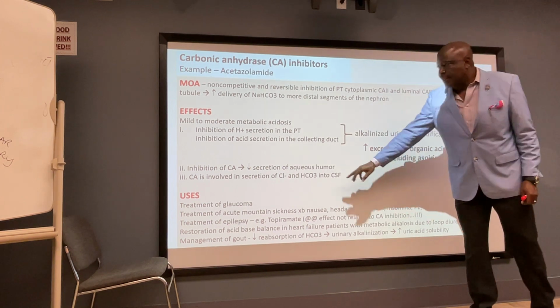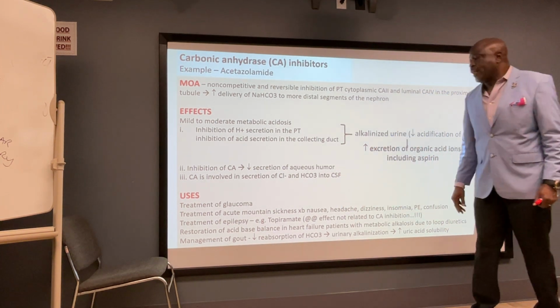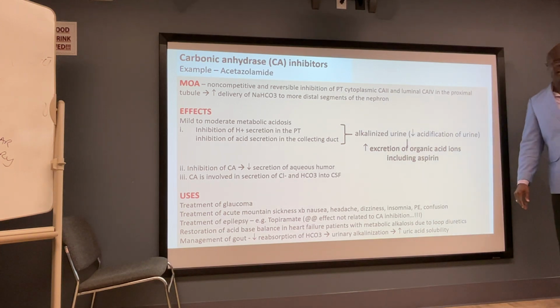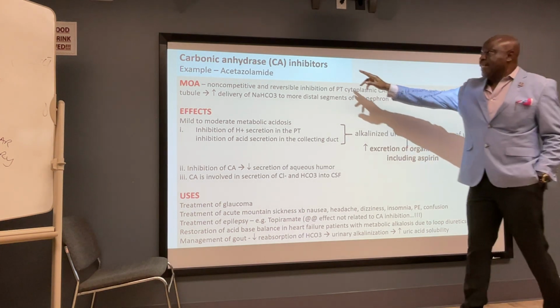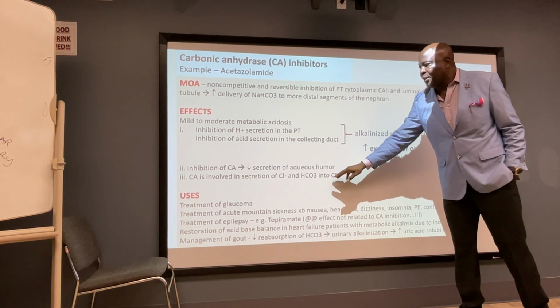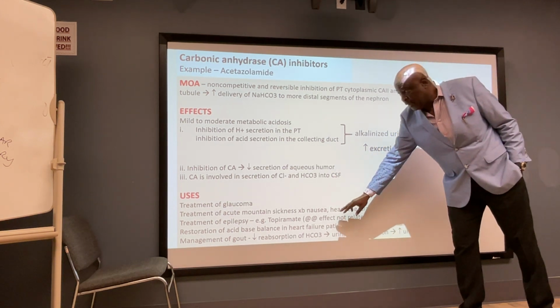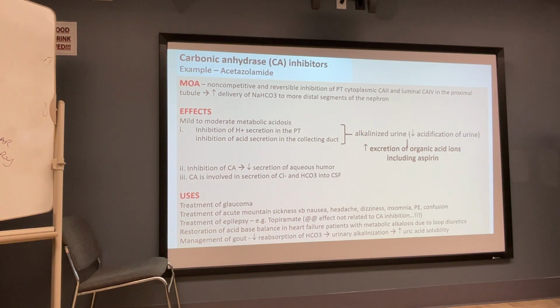Carbonic anhydrase is also involved in the secretion of chloride ions and bicarbonate into the cerebrospinal fluid. Because of the ability of these agents to inhibit carbonic anhydrase, you will soon see how this comes into clinical use.